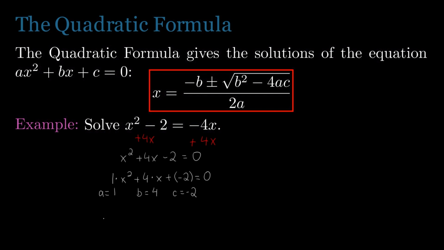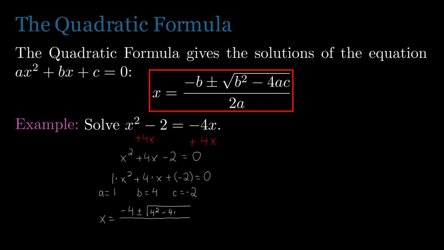So with a, b, and c already identified, we just plug them into our quadratic formula to get the solutions. X equals that big fraction with minus b to start with, and since b is 4, minus b is negative 4, then plus or minus big square root of b squared, that means 4 squared in our case, minus 4 times a times c.